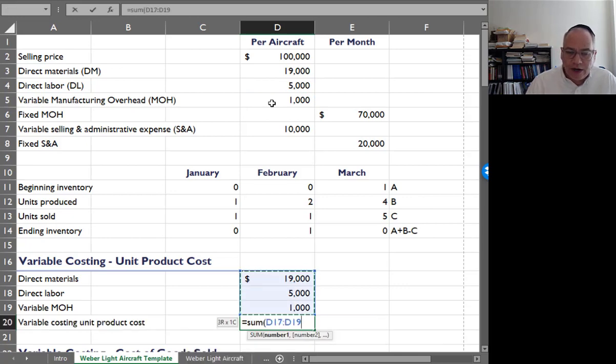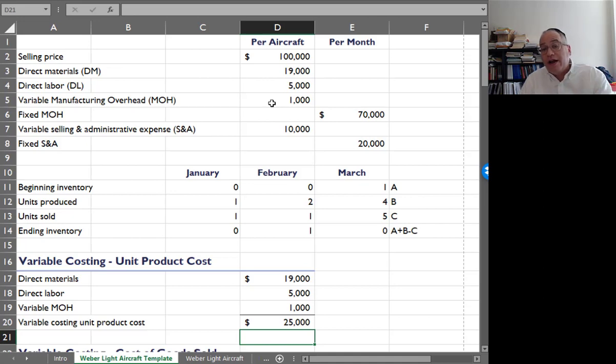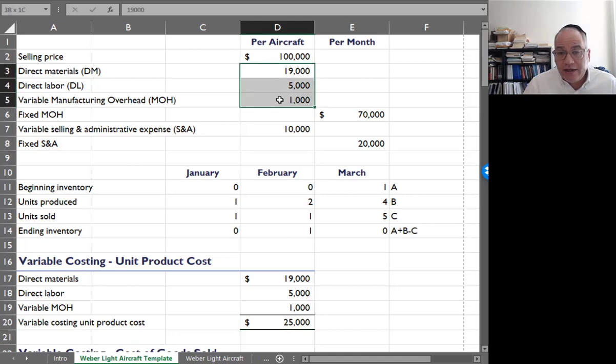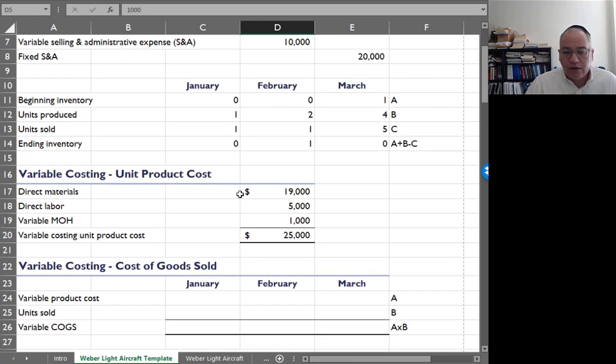So variable costing product cost per unit would be $25,000. And it's very high because we're talking here about aircraft. So you can see that the aircraft are pretty expensive to make. It costs you $25,000 to make a single aircraft.